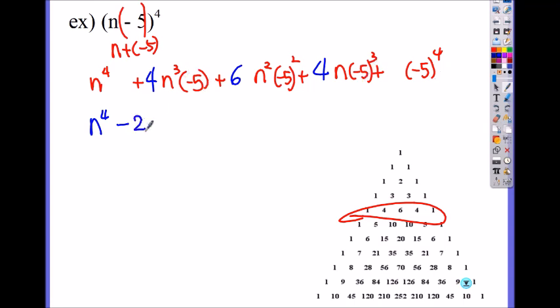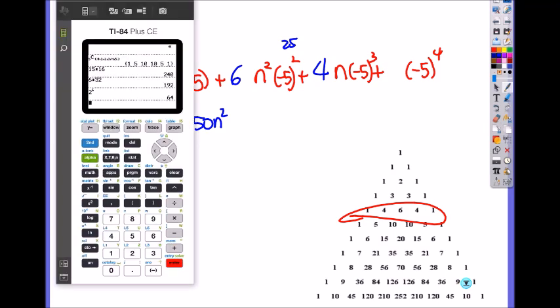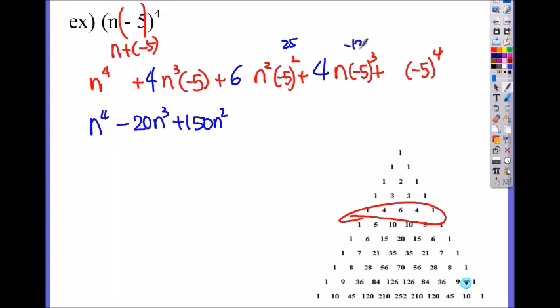So here it becomes minus 20 n cubed, and this becomes positive 25. So is it 25 times 6, 150? 150 n squared. And what's 5 cubed? Isn't it 125? 5 cubed. But it's negative 125.